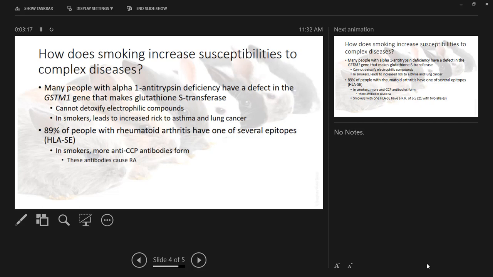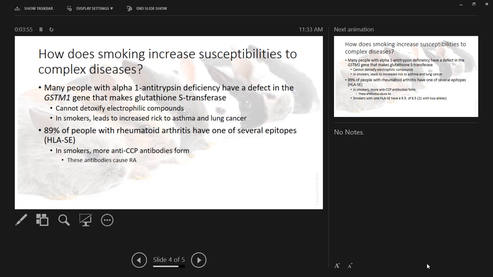These are antibodies that attack tissue in those joints and elicit an immune response that leads to the inflammation and the development of rheumatoid arthritis. Okay? So in people who smoke, they become significantly more likely to have the environmental component necessary to bridge the gap between this genotype, a mutation in this suite of genes, or several different mutations in that suite of genes, and the development of rheumatoid arthritis.